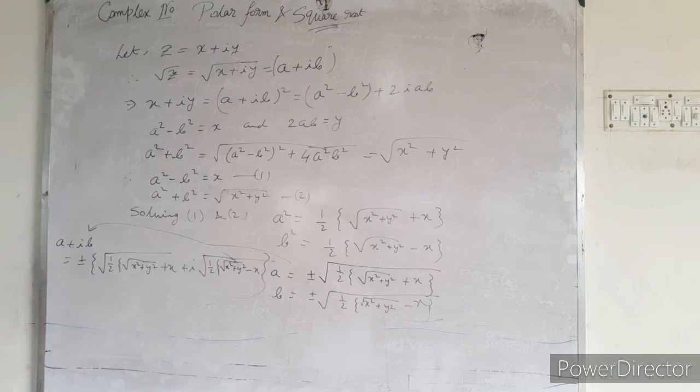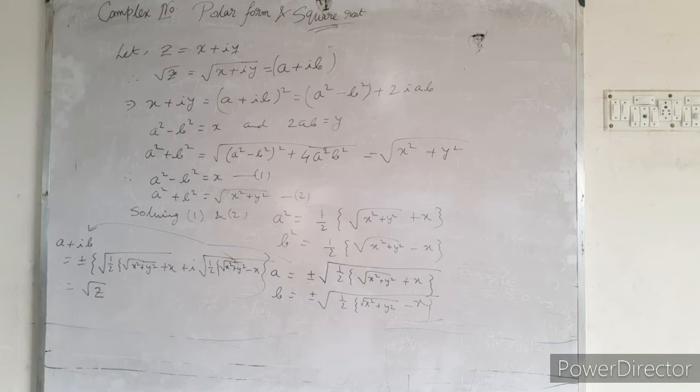So this is a plus ib, that means this is root over x plus iy, that means root z, which we wanted to find.